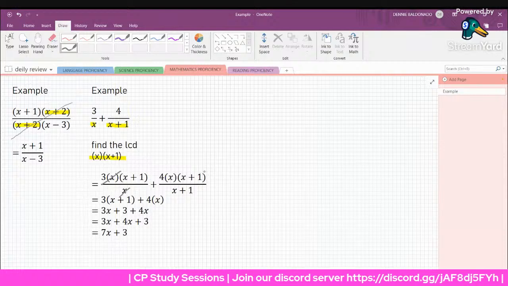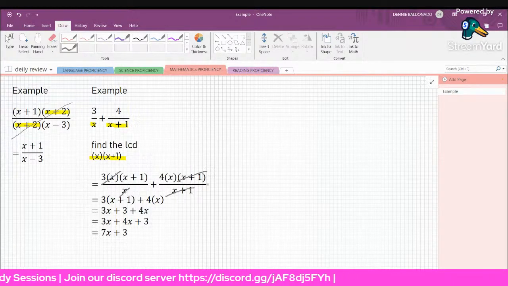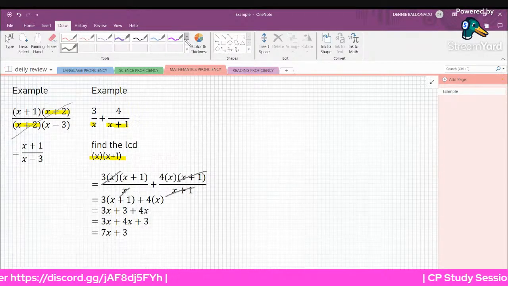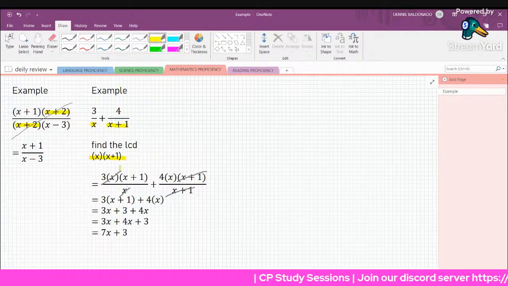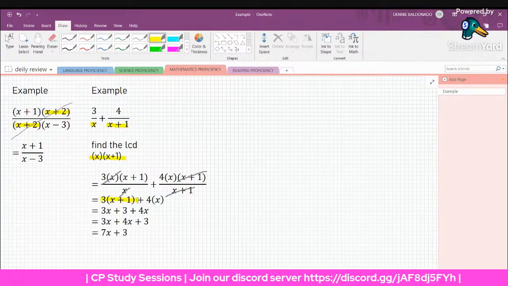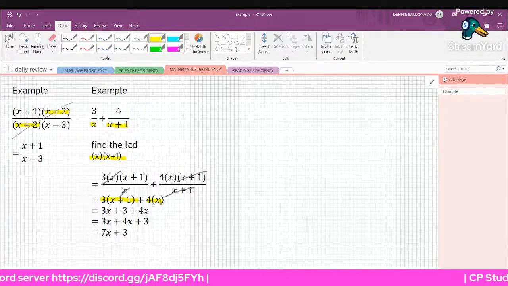Then, ito, si x plus 1, cancel out na natin sa x plus 1 since pareha sila ng nasa denominator. Kaya, ang nakuha na lang natin after nun is ito, 3 times (x plus 1), then 4 times x.